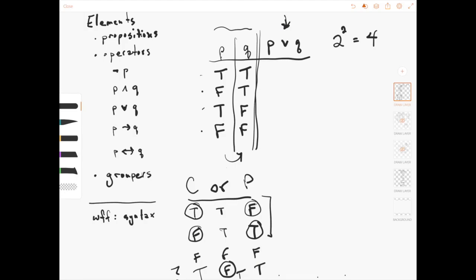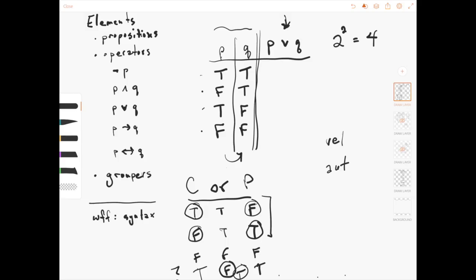So, for instance, in Latin, the word vel means the more inclusive kind, the kind of or where you can have both and it still turns out okay. They have a different word for the type of or that means you're excluding having both.